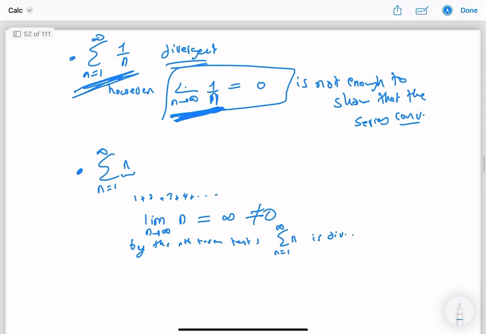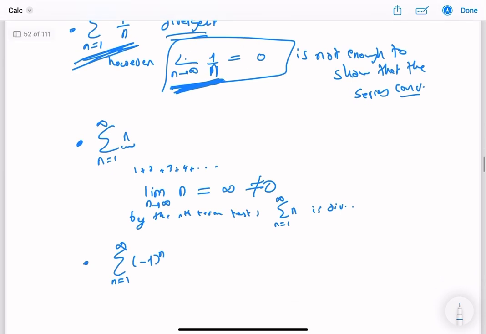So let's take another example here. These are quick and easy checks of divergence of a series. If you look at the series of (-1)^n from n equals 1 to infinity, this series is the sum of the terms minus 1 plus 1, minus 1 plus 1, minus 1 plus 1, and so on.